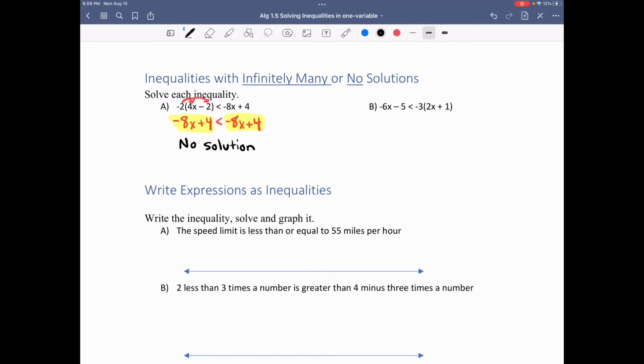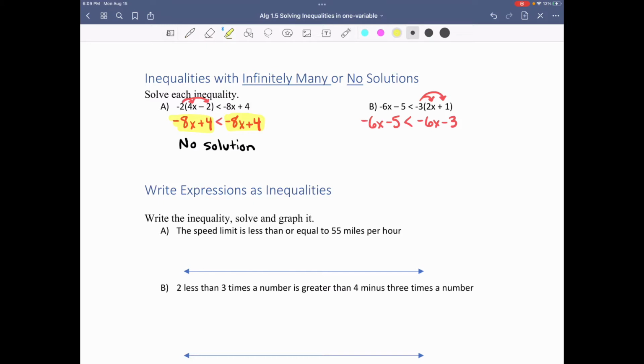For part B, again, we're going to start off with distribute. We have -3 groups of 2x plus 1. So that's going to be -6x minus 3. Bring down the less than, bring down the -6x minus 5.